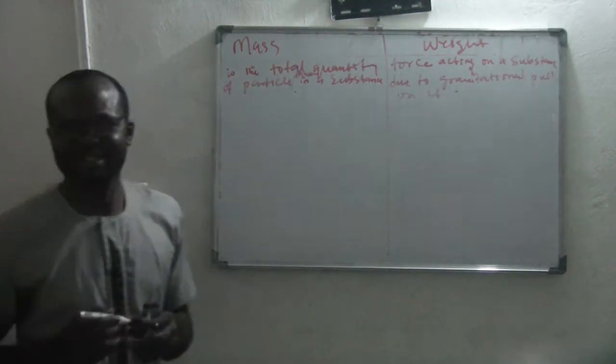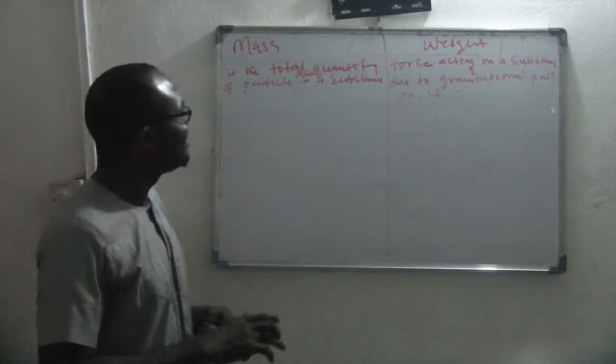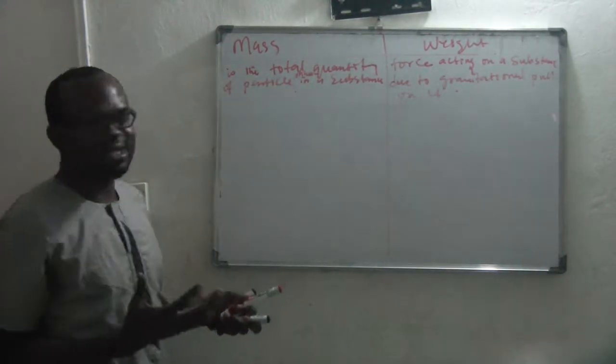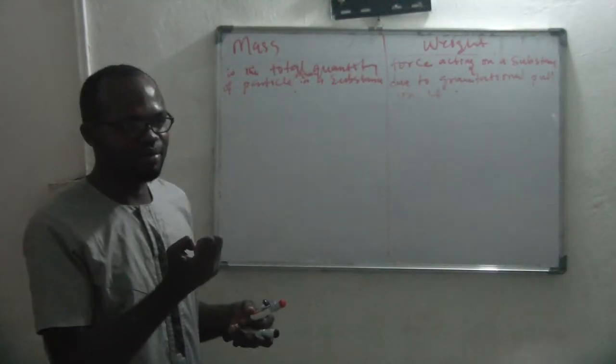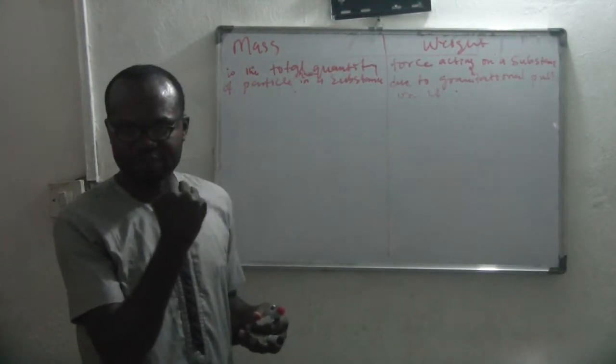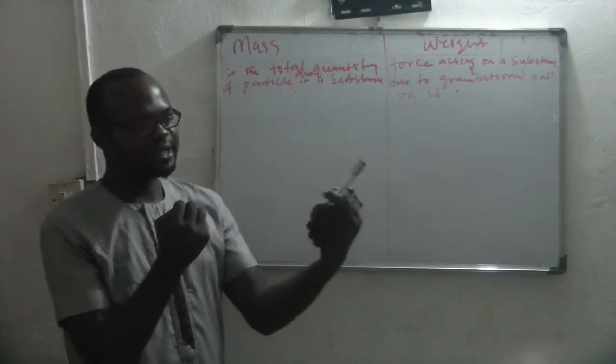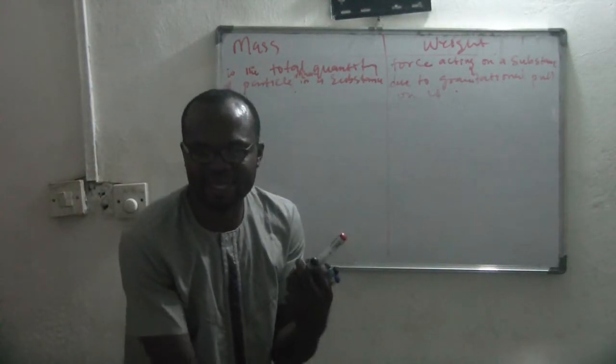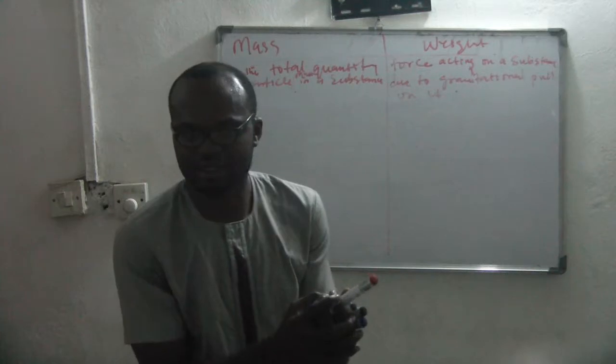So mass is the total quantity of matter in a very particular substance, whereas weight is the gravitational pull the earth exerts on that very substance.